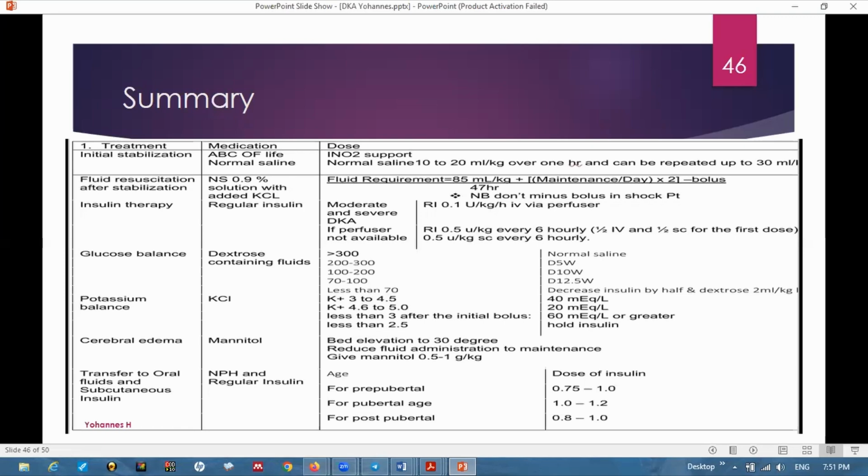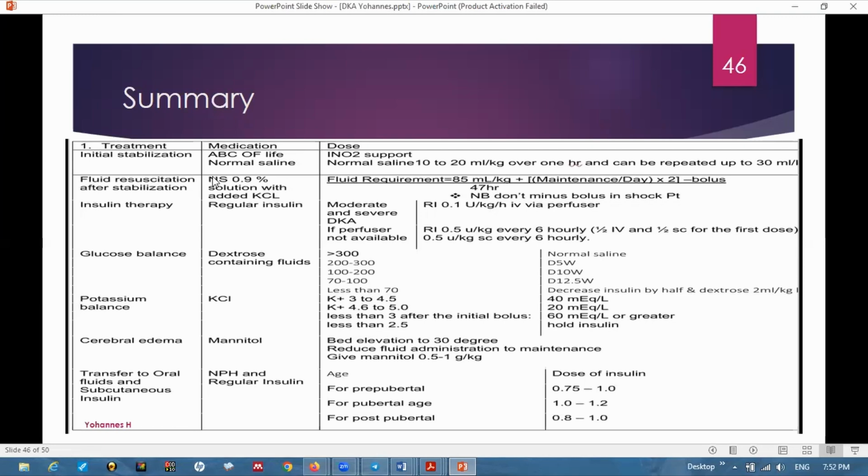If the patient is not in shock, we should give 10 ml per kg over 1 hour. After that, we will check the electrolytes. If electrolytes are not available in our setup, we should look at the urine output. If the patient is passing adequate urine output, we should add potassium to the maintenance fluid.